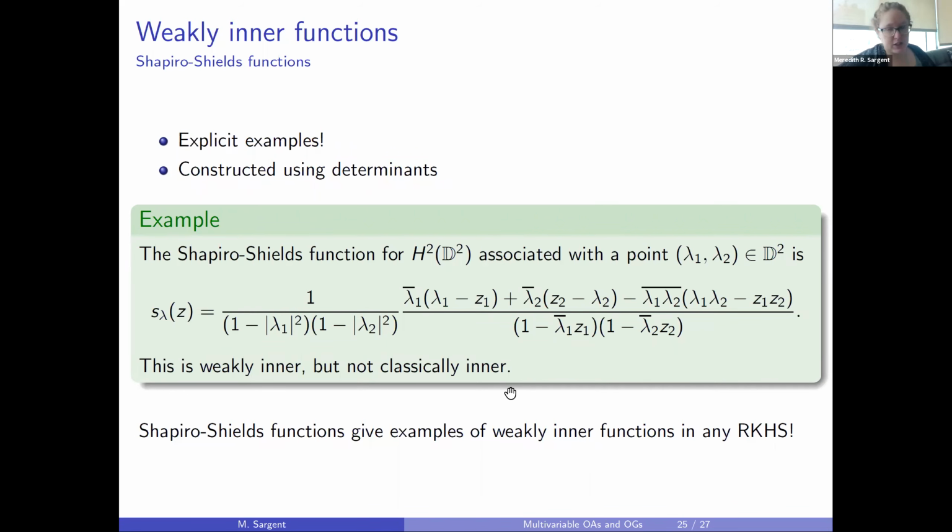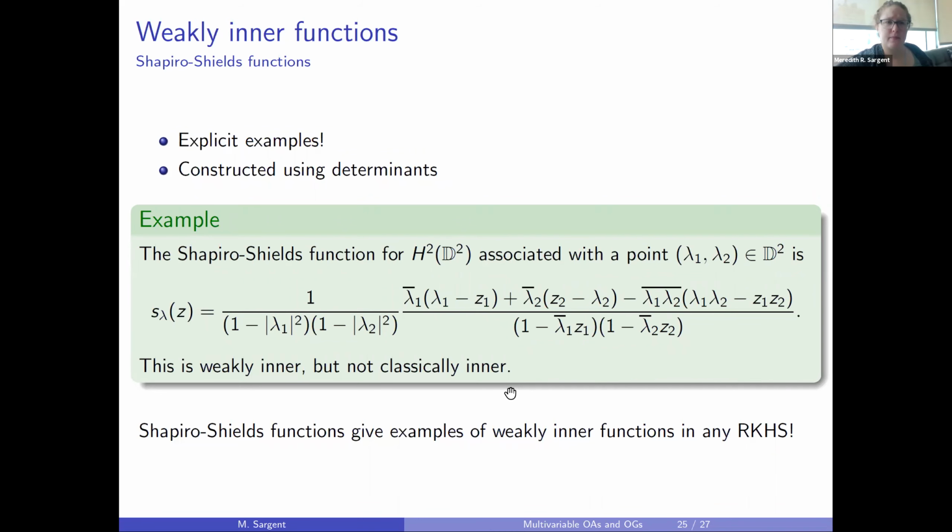So we know these things do exist. I personally think it'd be kind of interesting to look into them a little bit more. I haven't quite gotten the chance yet, but I would like to see what else we can say about weakly inner, especially because once you're in several variables, this is not the same thing as inner. It's, you know, a weaker version. And it might be interesting to look at some kind of factorization. I know the engineers looked at something kind of like factorization here, but not in a ton of detail.